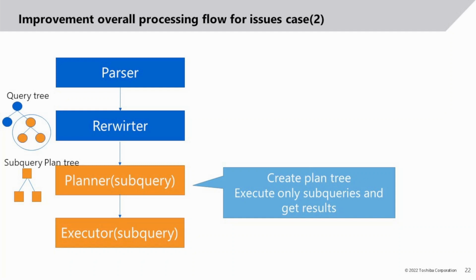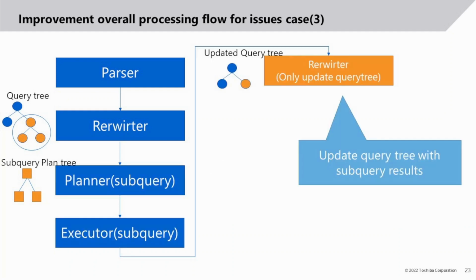Next, if a condition is matched, execute a query tree with only subqueries. Firstly, create a plan tree from the query tree and execute the plan tree in the executor. It is only the subquery. Next, when the execution phase is finished for the subquery, it comes back to the rewriter.